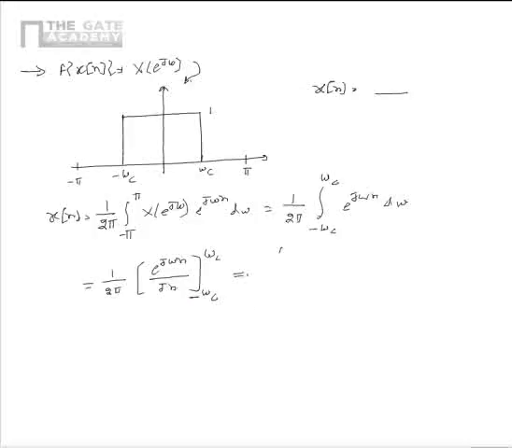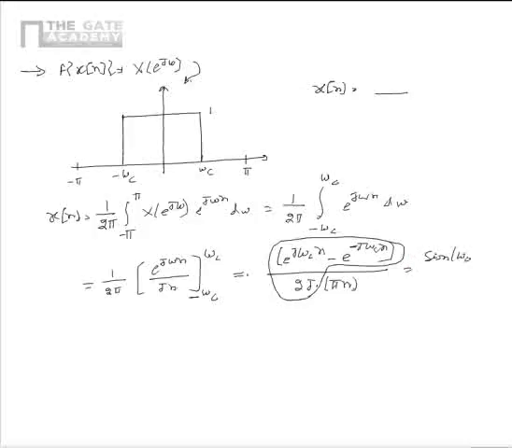Upon simplification, this becomes e power j omega cn minus e power minus j omega cn divided by 2j, multiplied by pi n. But we know that e power j omega cn minus e power minus j omega cn divided by 2j is equal to sine of omega cn. So x of n is equal to sine of omega cn by n.